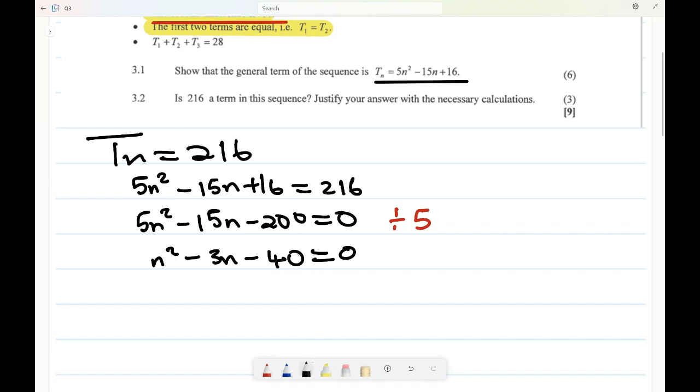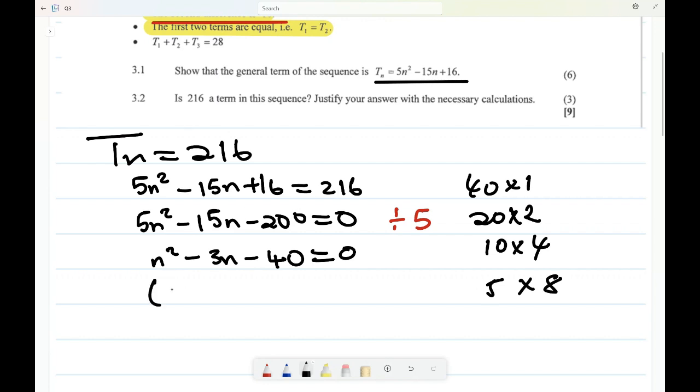So now, factors of 40 such that when I subtract them, they give me 3. 40 times 1, 20 times 2, 10 times 4, 5 times 8. So it is going to be n minus 8, n plus 5, equal to 0.